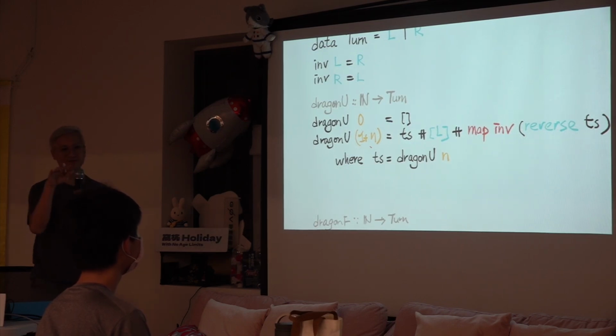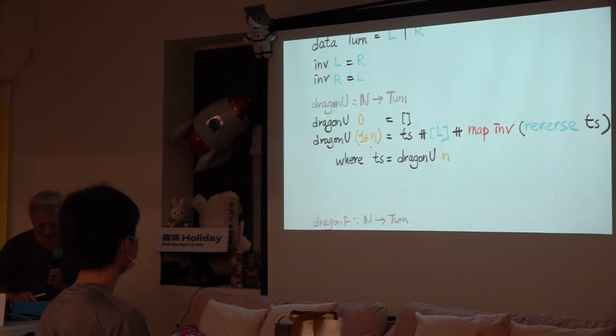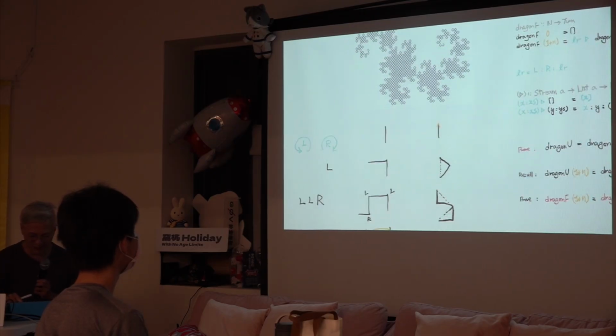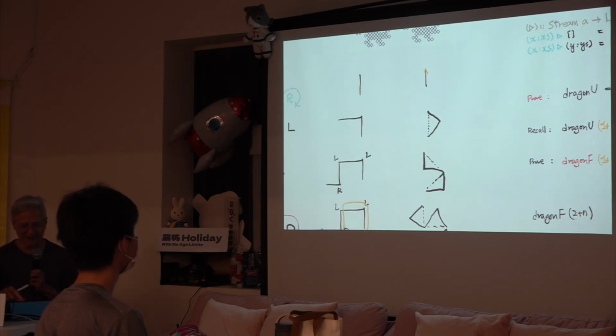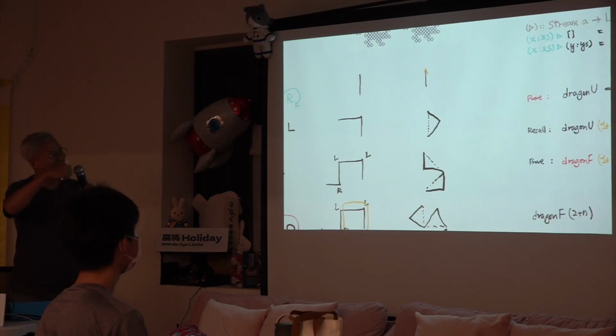Right? And what about the other approach, which I'm going to call the folding approach? Well, let's see. How do you model adding an extra fold to every segment?